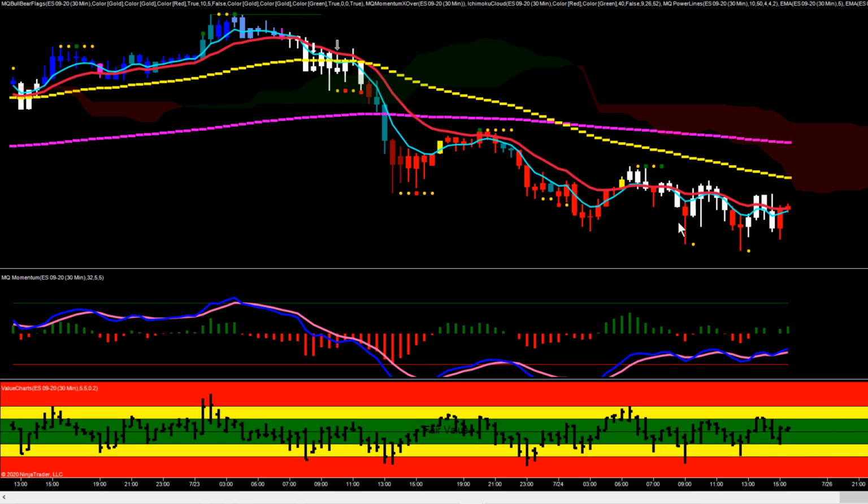Again, overall in a downtrend, making lower highs, lower lows the whole way down, but it was really, really sloppy trading today. It's just back and forth, back and forth, back and forth. Honestly, the kind of trading that makes me crazy. But again, in a downtrend, and pretty much played out the way we thought.